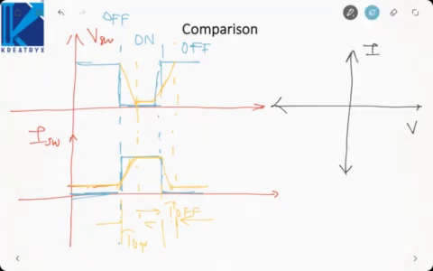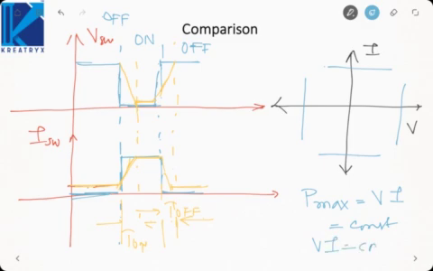But for a real switch, there will be limitations on the maximum and minimum voltage, similarly maximum and minimum current. Also there is a thermal limitation, that means Pmax, which is equal to V into I, should be constant. We cannot exceed Pmax. That means the VI curve will be a hyperbola. So at the edges it behaves as a hyperbola.